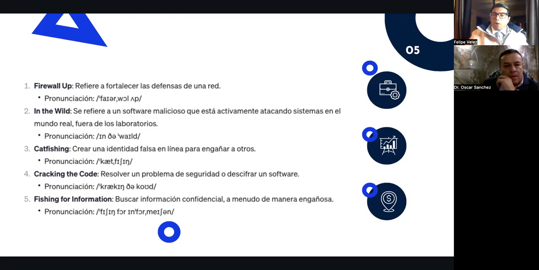Pronunciation: in the wild. So when a virus, a malware, or anything is already operating in internet services or in a company, already doing its job outside, then we say it is in the wild.